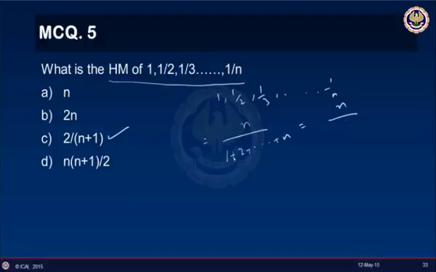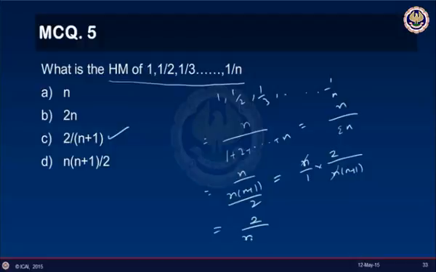This will be n by the sum of the n terms of an AP, that is summation of n, n into n plus 1 by 2. This can be written as n by 1 into 2 by n into n plus 1, and here n is cancelled. So the right option is 2 by n plus 1, option C is the correct one.